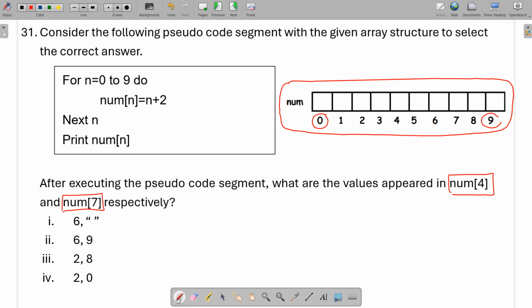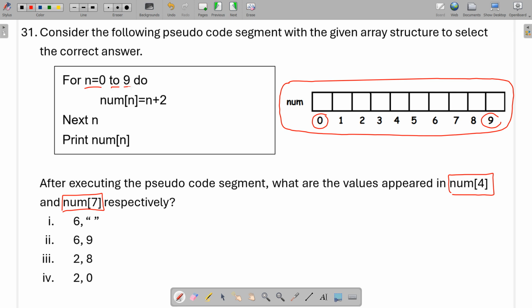So it's the for loop that they have used. They are starting from n equals 0 to 9. So the for loop is working with the loop variable, increasing one by one at each iteration.